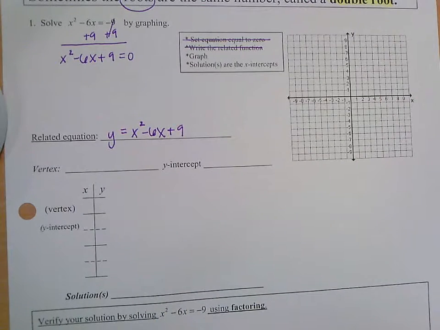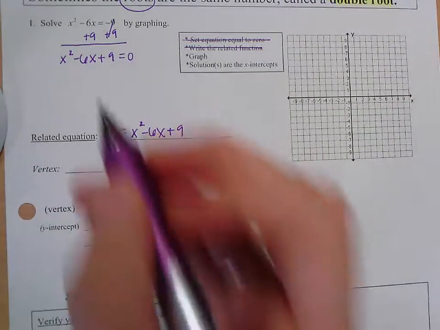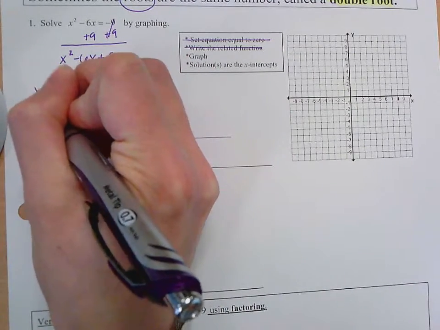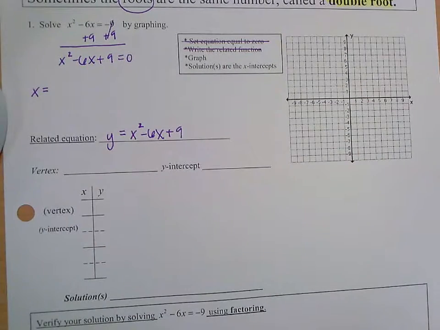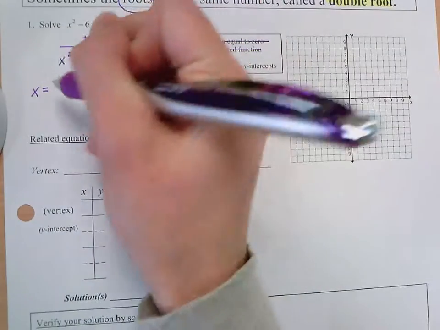When we graph, what have we been finding first? The x for what? Or the x of what? What are we finding first when we graph? Okay.